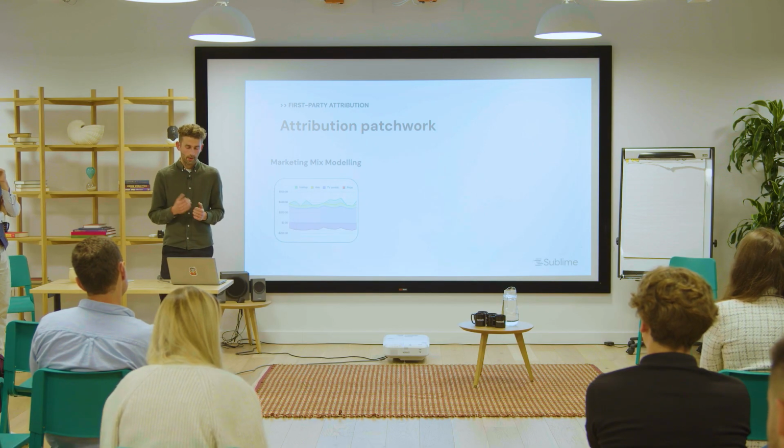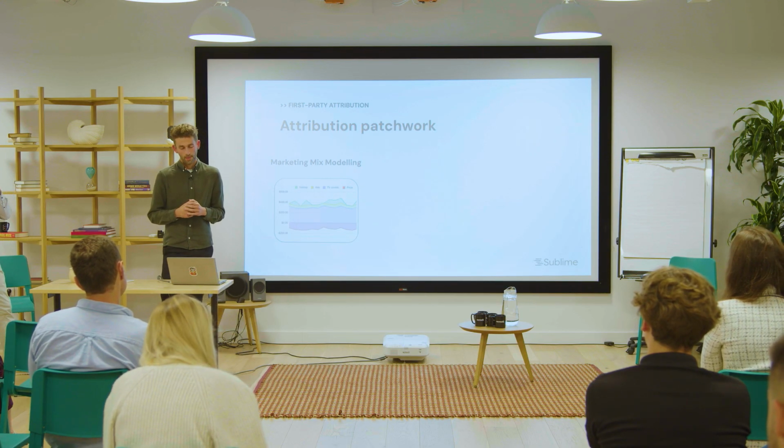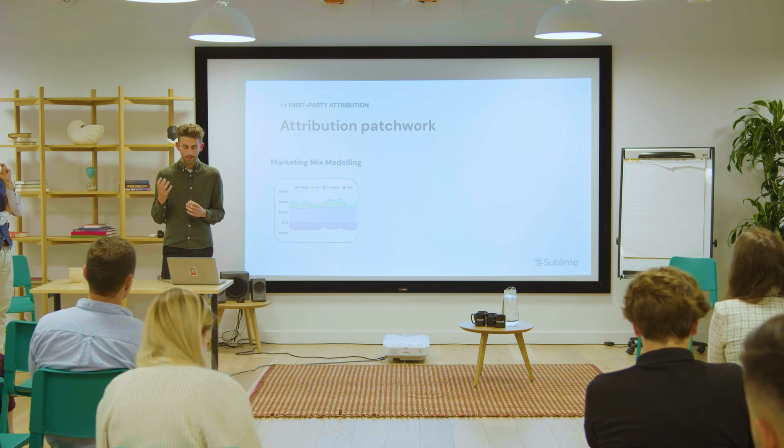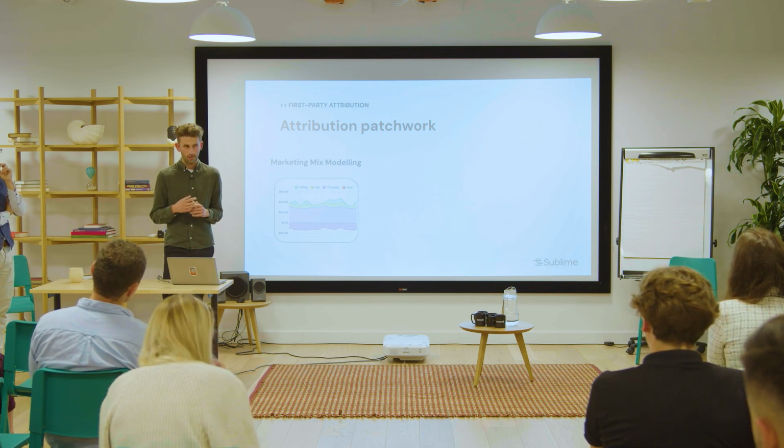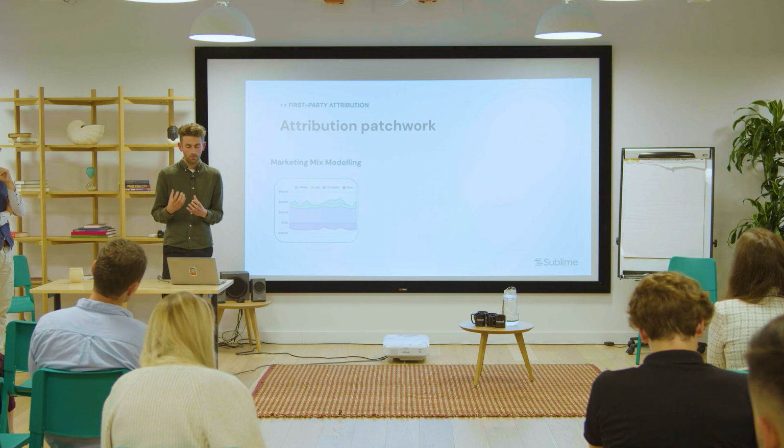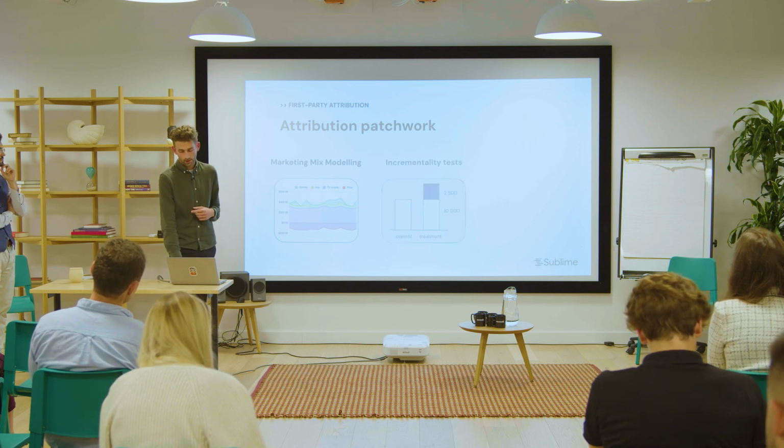To fight these limitations, it's really good to turn to the other methods that were already mentioned, because they nicely fill the gaps that first-party attribution has. For instance, marketing mix modeling can help us forecast into the future, and we can use those numbers to adjust our first-party attribution model.